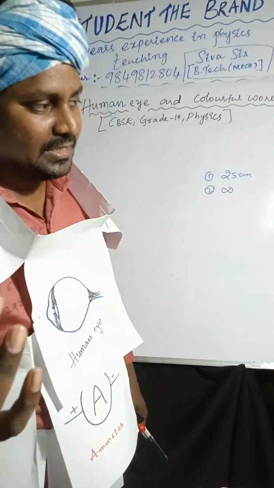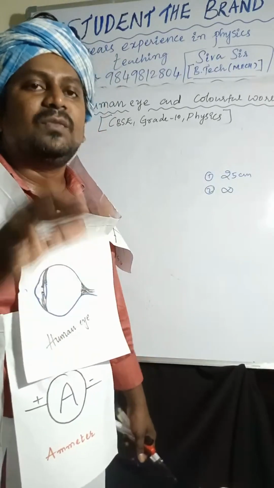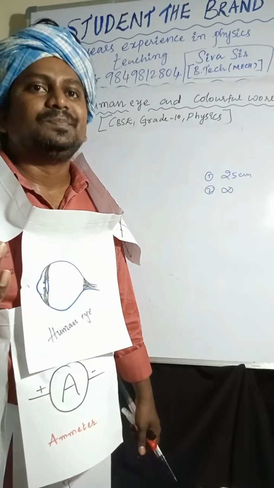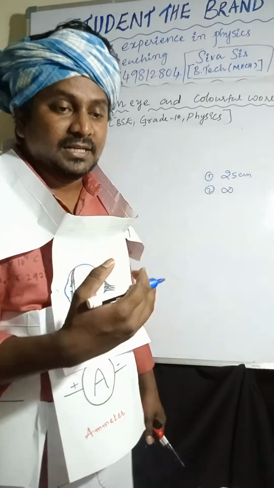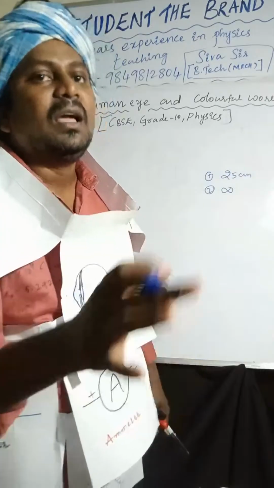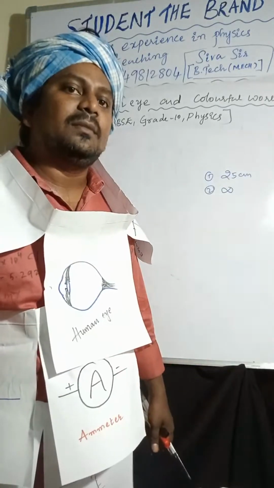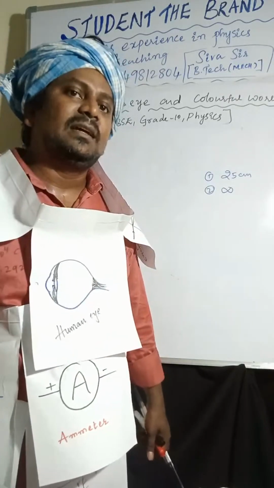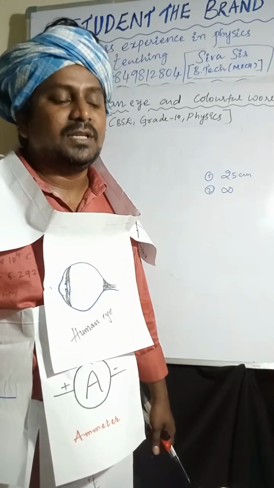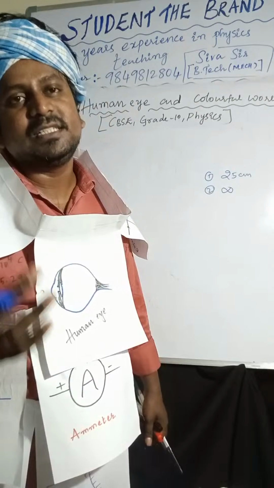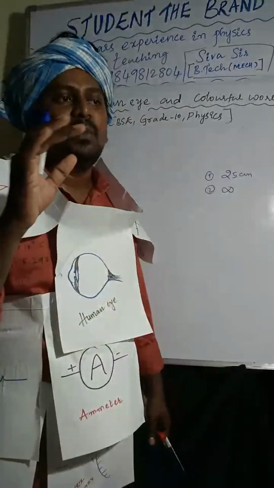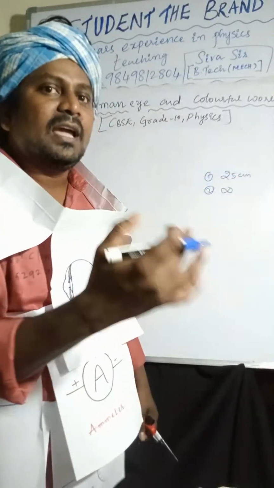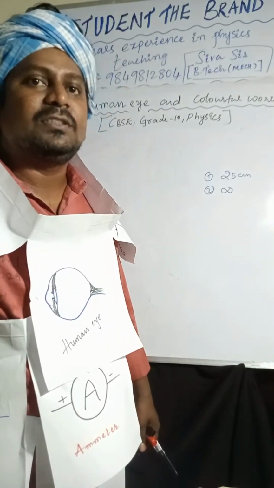So the maximum distance is infinity and the minimum distance is 25 centimeter. The myopic person can see near distance objects, around 25 centimeter, but can't see up to the infinity point.